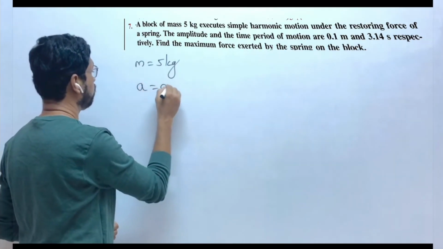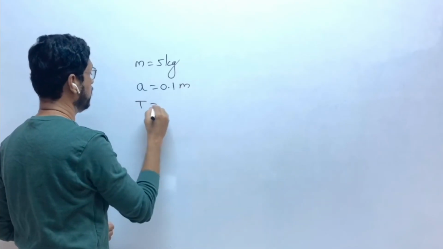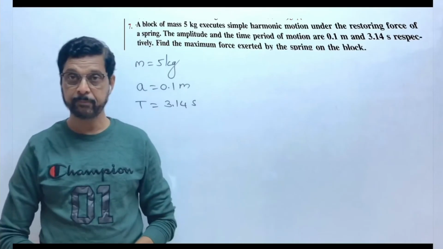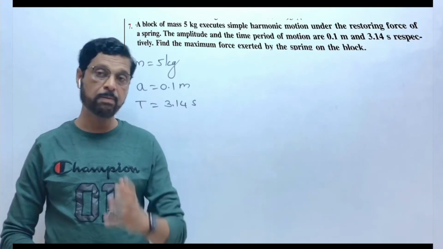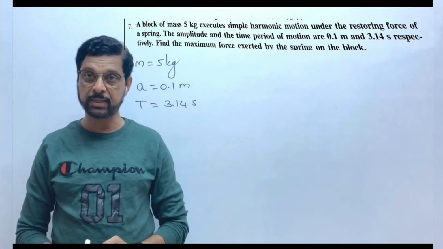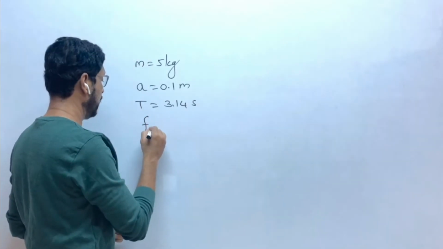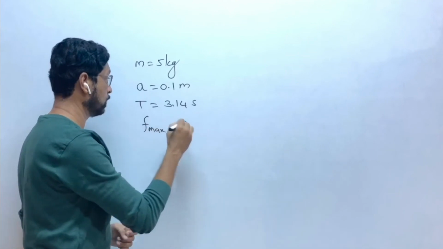Amplitude is 0.1 meter and period is 3.14 second. Find the maximum force exerted by the spring on the block. You have to find F max is equal to what?